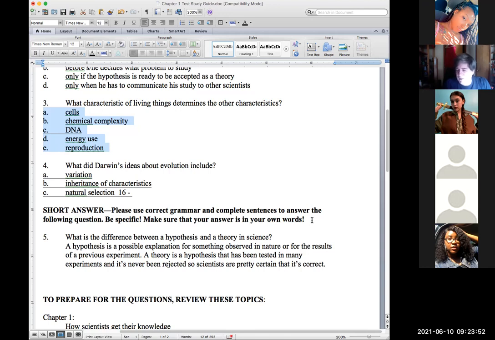So I would recommend skip around, do a few questions that you know the answer to first so that you kind of get rolling. And then if you want to go back to number one and start with number one and work your way through, that's fine. It's also good to, at the end, before you turn it in, go back and double check and make sure you answered all the questions.